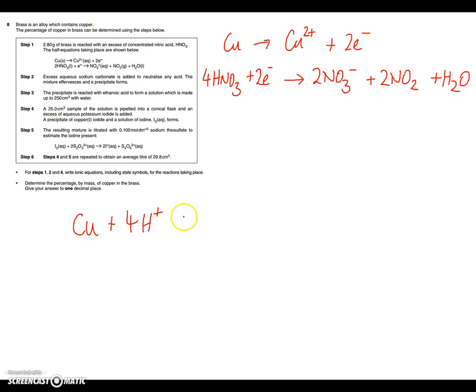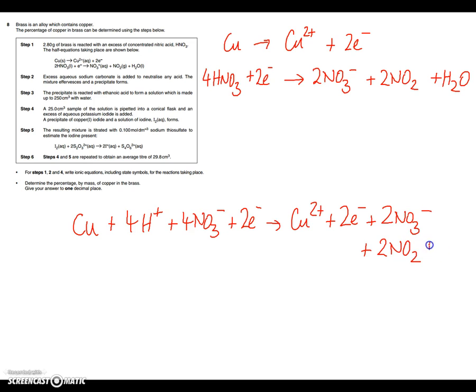4H plus and then 4NO3 minus, because these will be separated out, and then our 2 electrons will give us copper 2 plus and 2 electrons, and then 2 NO3 minus and 2 nitrogen dioxides, and let's balance that one, 2 waters.